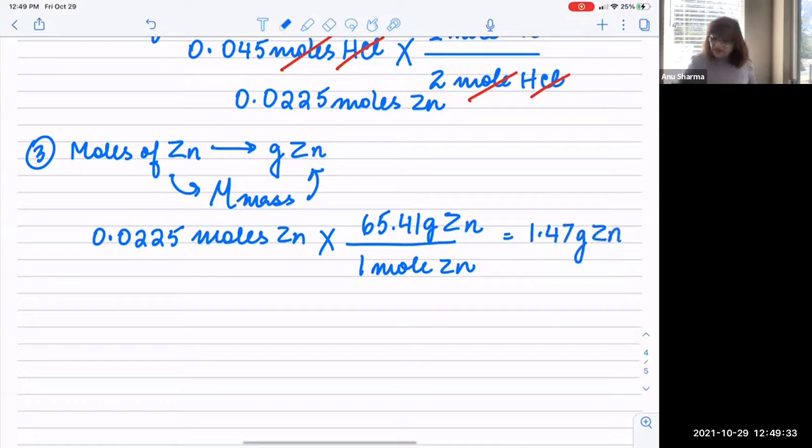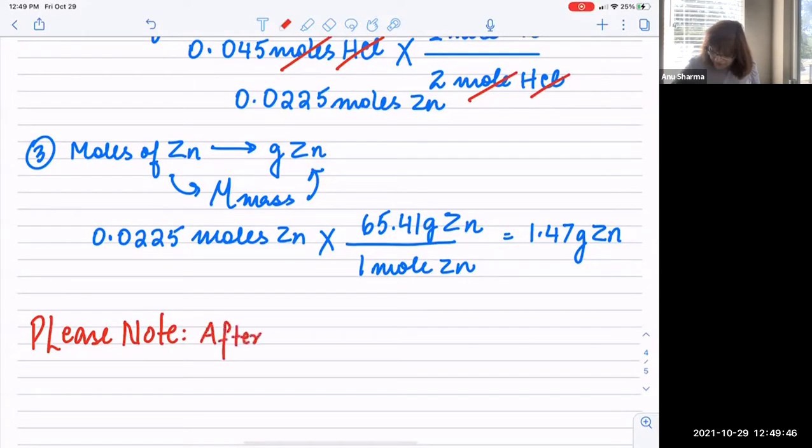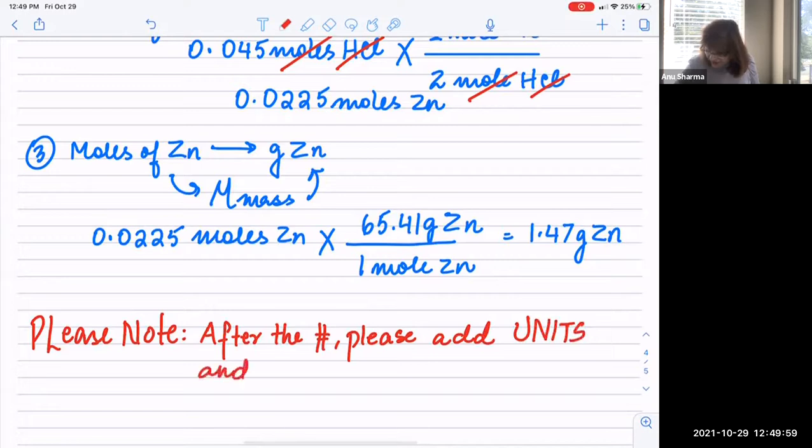grams of zinc. So always very important, please note, after the numbers, please add the units and either the symbols or formula of the substance.